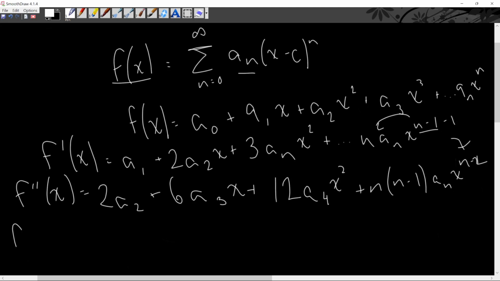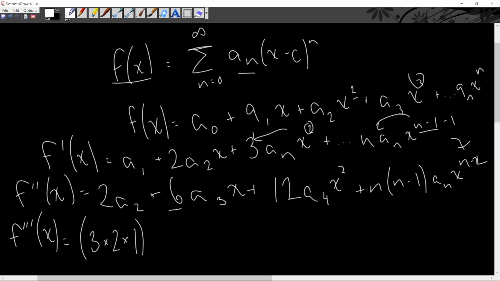And then let's take the third derivative. F triple prime of x is equal to 3 times 2. I'm just going to write this out so that you see where the factorial is starting to come from. 6 is 3 times 2 times 1, because you started at 3, right? Then you multiplied that out, and then you had to do n minus 1 times the 3, and then this is implied n minus 1, you have to do that times the 6. So you are doing 3 times 2 times 1.